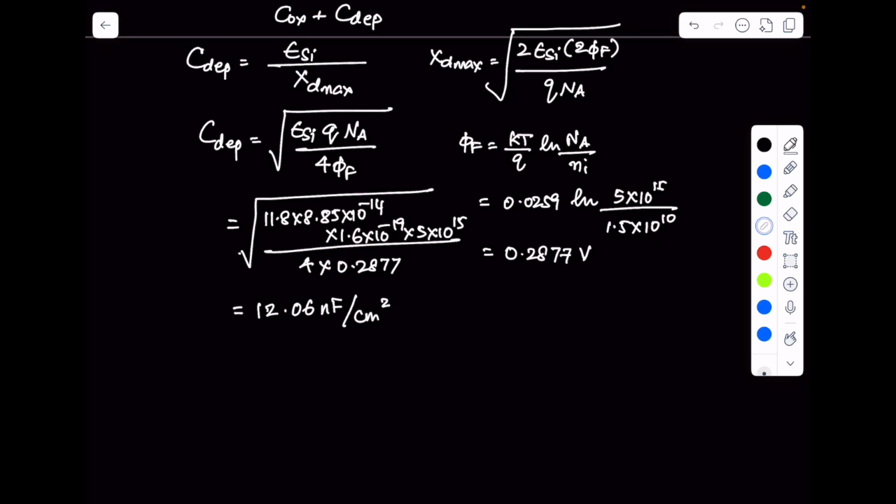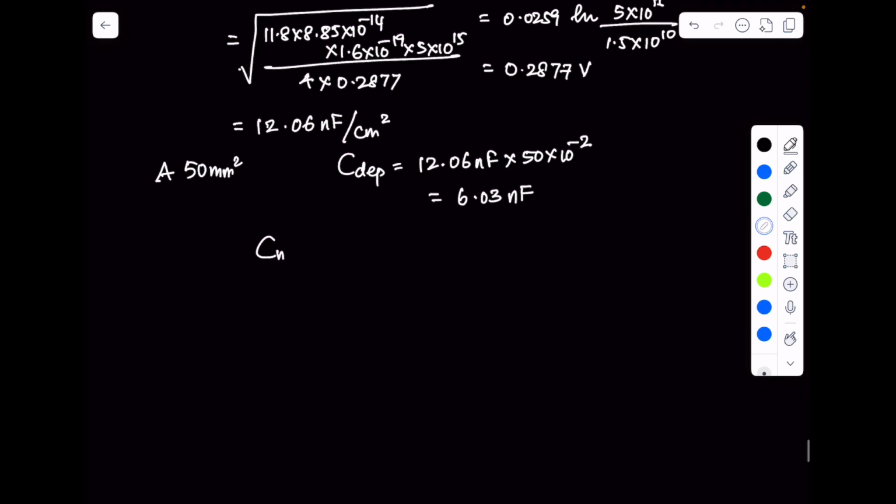Remember, I'm not involving area in here, right? So now the area is 50 mm squared. So therefore my C depletion is actually 12.06 nanofarad into 50 into 10 power minus 2, which is 6.03 nanofarad. And therefore my minimum capacitance Cmin is nothing but, so I have this, right?